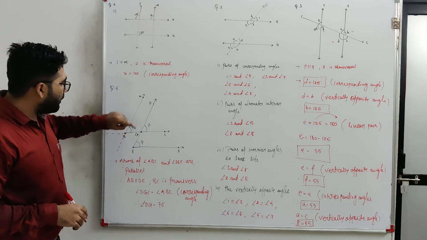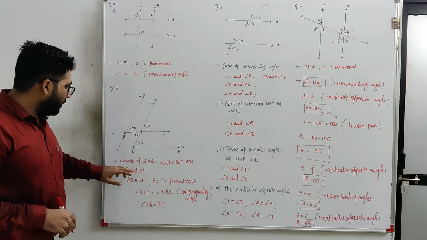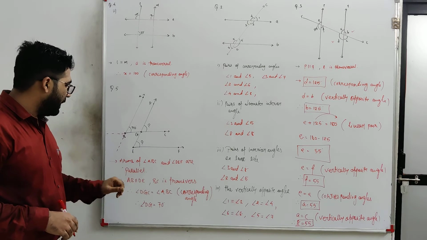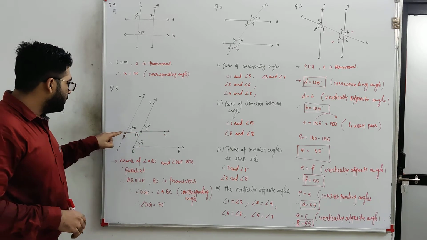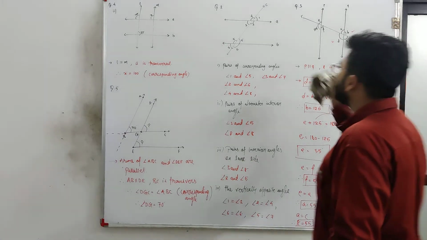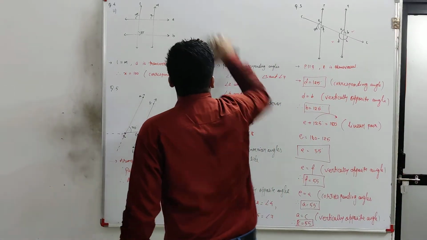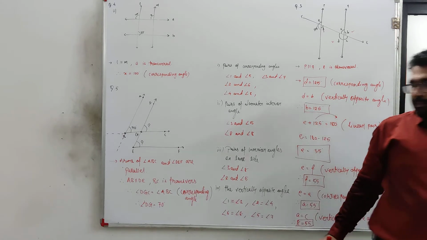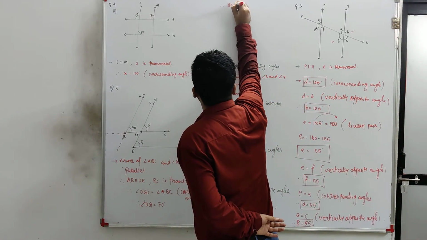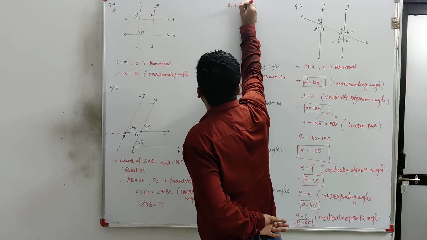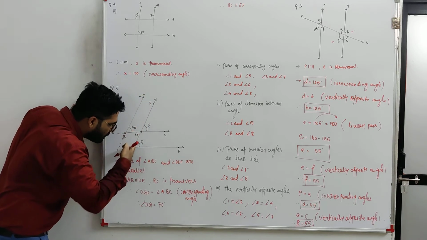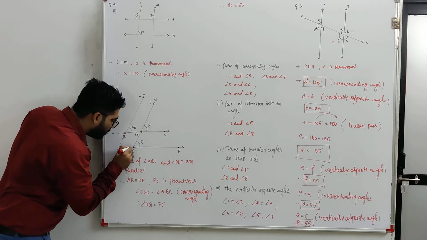Now, if we talk about these two lines, as they have said that the arms of angle ABC and DEF are both parallel, therefore BC is parallel to EF. BC is parallel to EF, and if BC and EF are both parallel, then this one becomes a transversal which intersects the two lines.